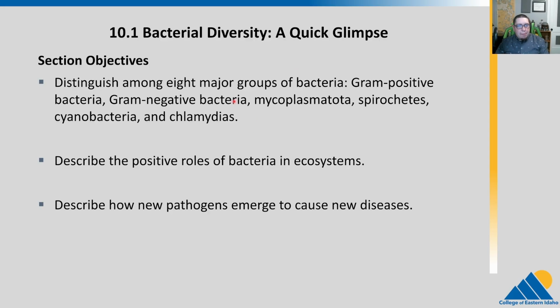So we're going to talk about 8 major groups of bacteria here. And we'll talk a little bit about each, and then in subsequent sections of this chapter, we'll go into detail into each of those. Now, I want you to know I'm going to use some specific examples here, but in testing and things like that, I will not pull out random examples that we didn't cover in great detail, or I've not made abundantly clear that they would be tested on.